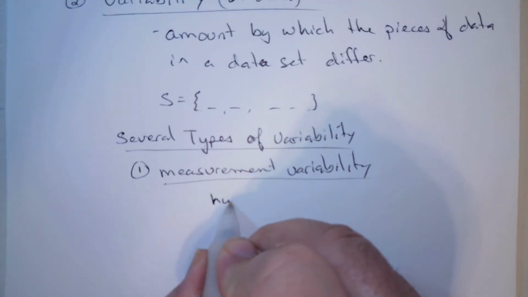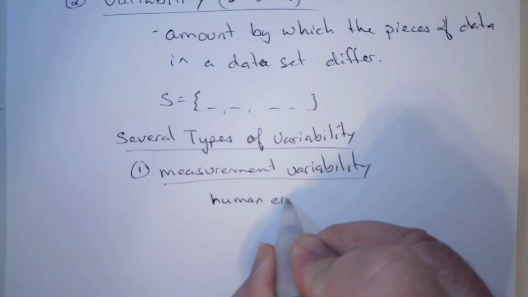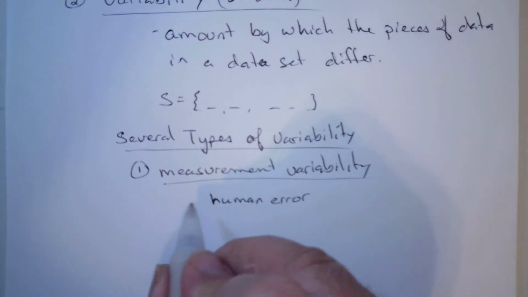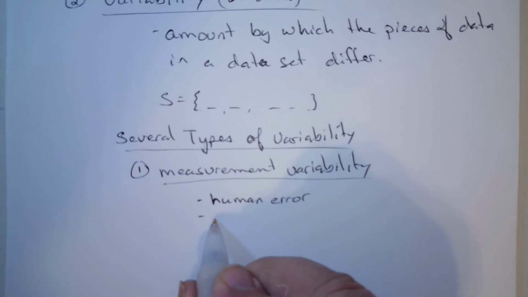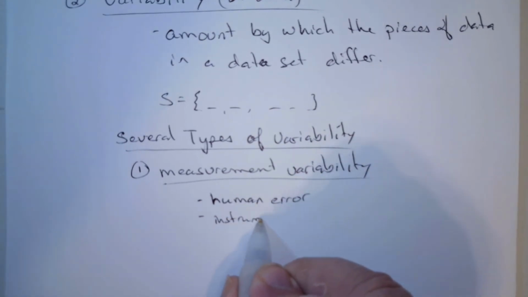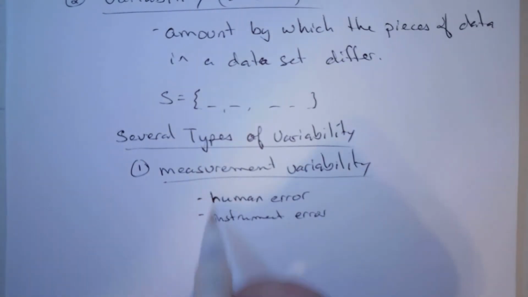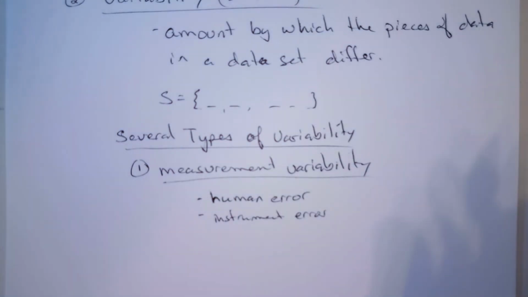I call that human error. In other words, if we have a class full of students and give them all the same ruler, ask them to measure something, we may get more than one answer. It all depends on how they measure it. Or it could be an instrument error. Measurement is also how people interpret the question being asked them on an interview or a survey. So that's the first type.